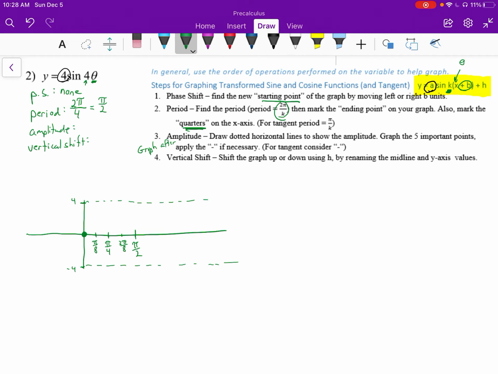So we know what sine looks like. Sine starts at 0, goes up to its highest point, which in this case is going to be 4. At the first quarter, at the second quarter, or a half, it comes back down to 0. For the third quarter, it goes down to its lowest point, in this case -4, and then back up. And then this would continue.